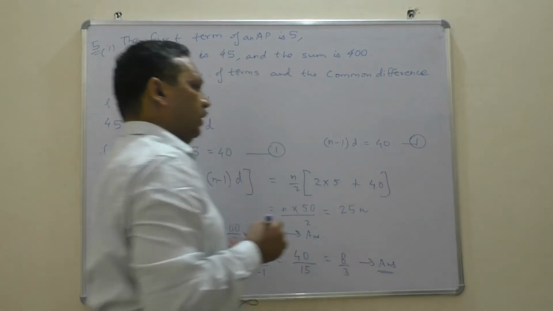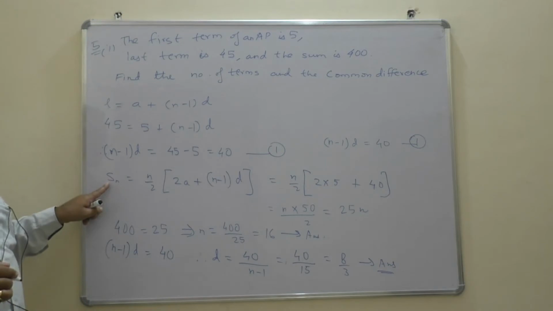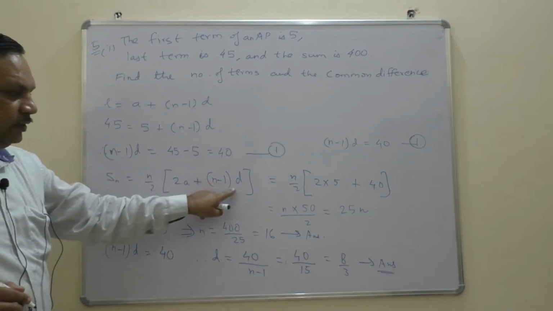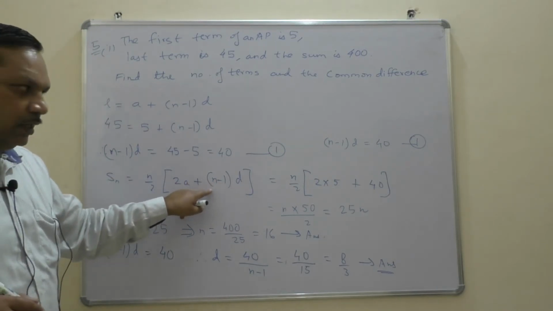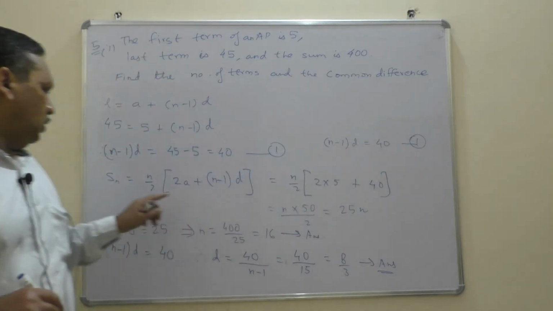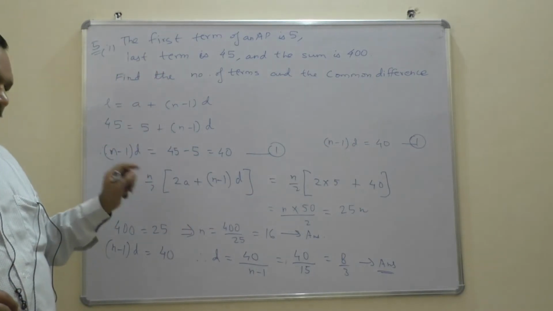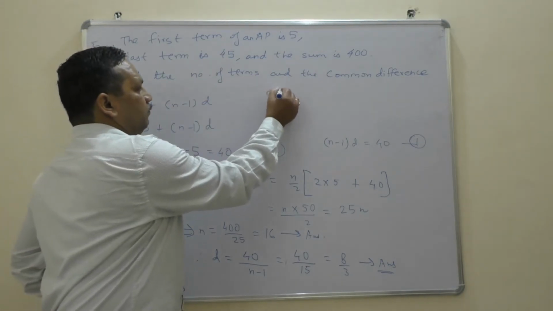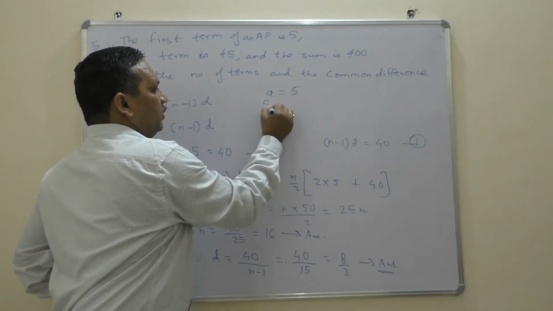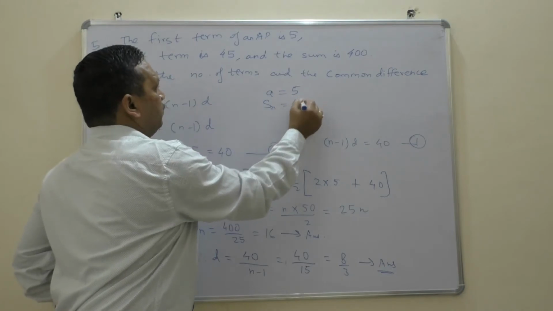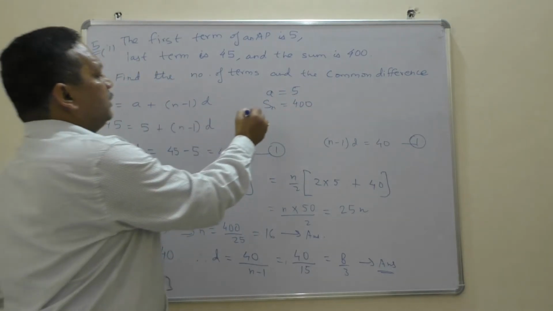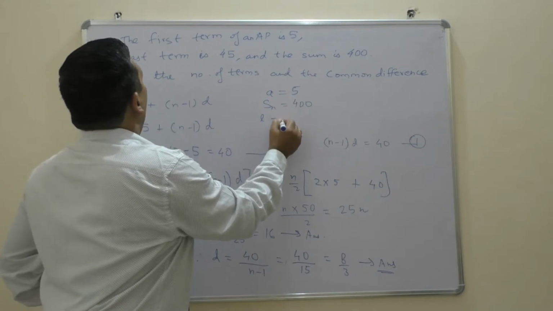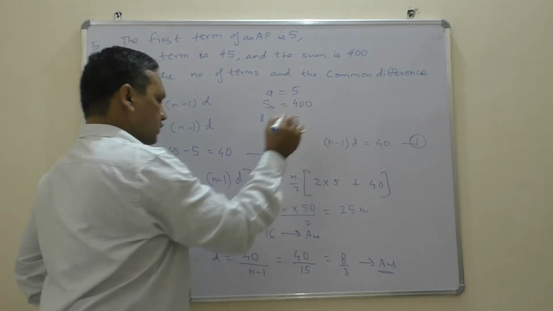I am re-explaining it. Now what is the sum of n terms? n by 2 into 2a plus n minus 1 d. Remember, n minus 1 d is 40 and n you have to find, okay? a is 5. It's given that a is 5, Sn is 400, and the last term is 45.